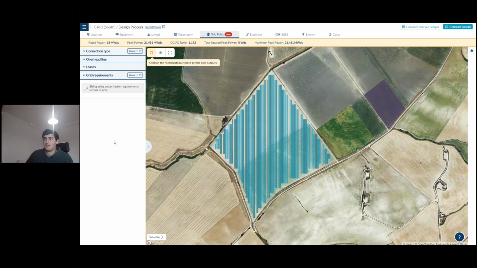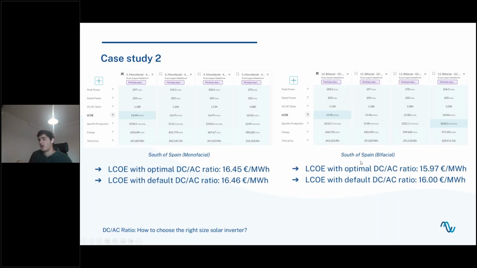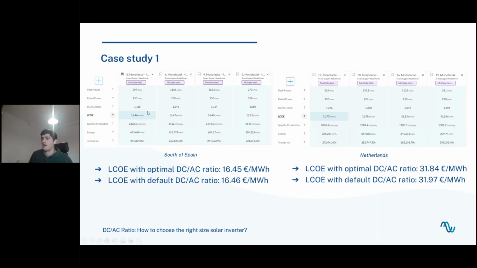Depending absolutely on the inputs that we are defining, equipment, design criteria, we will get one DC-AC ratio or another. But in these countries, if we are comparing just the site, for example, when comparing the south of Spain with Netherlands, it's about 1 point above the value that we define in Spain, so about that range.